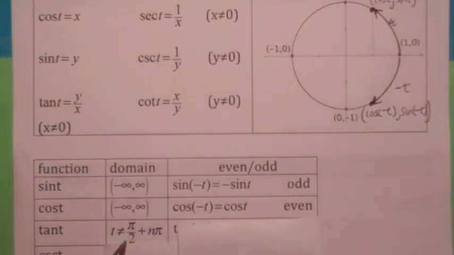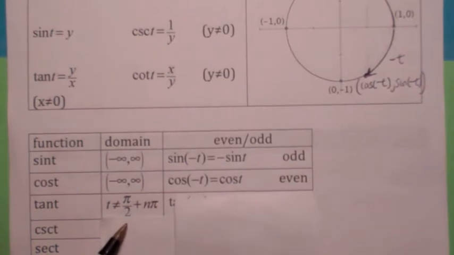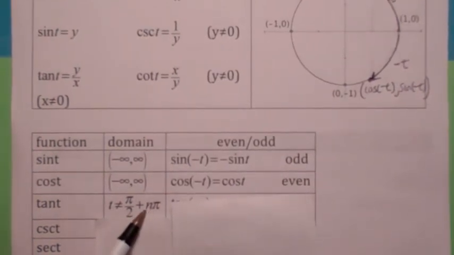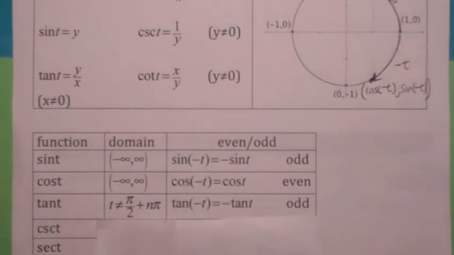This is a fancy way of saying you end up on the y-axis. Actually, t cannot equal pi over 2 plus n pi, where n is any integer, because that puts you on the y-axis. We'll see in class, though, that tangent, since it's the quotient of an odd function divided by an even function, will always be odd. So tangent is an odd function.